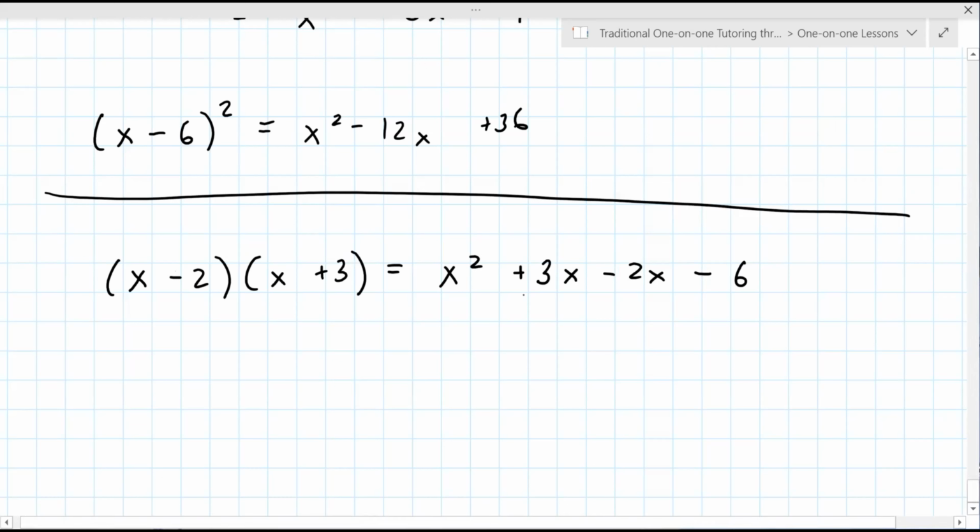So this time the outer and the inner, you have to combine them, but they don't just add or just subtract. You have to see what it works out to. So this becomes just 1x. So you subtract the 2x from the positive 3x. That's right.